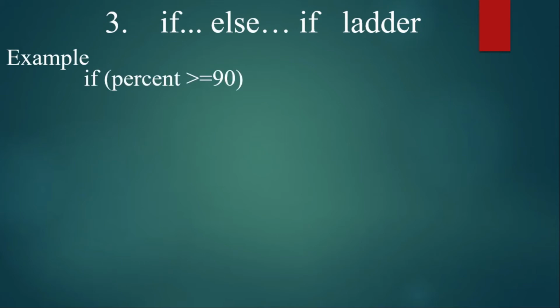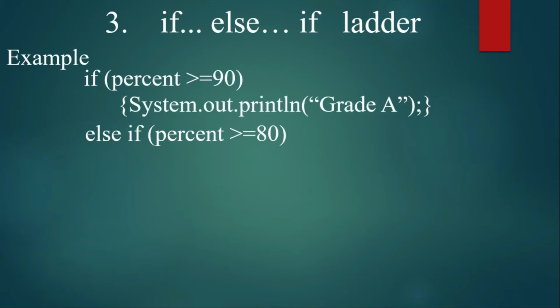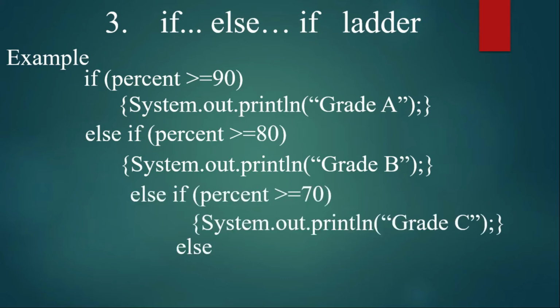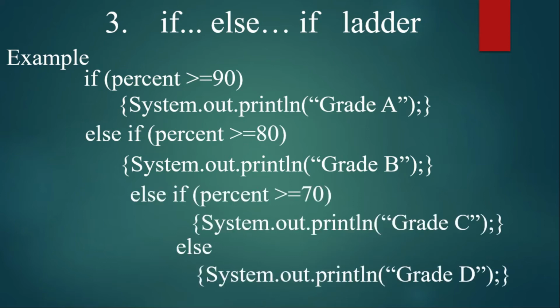Let us see an example for the if-else if ladder structure. This program checks the percentage and prints out the grade. The first condition to be checked is if percentage greater than or equal to 90. If it is evaluated true, then grade A is printed and the rest of the statements are bypassed.